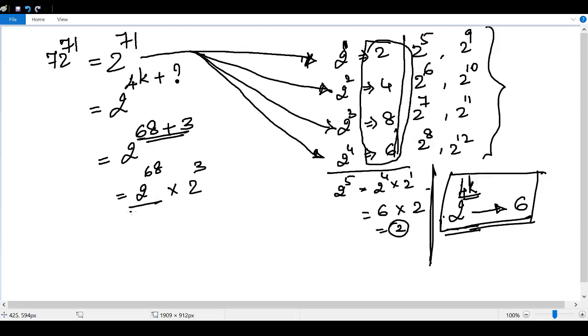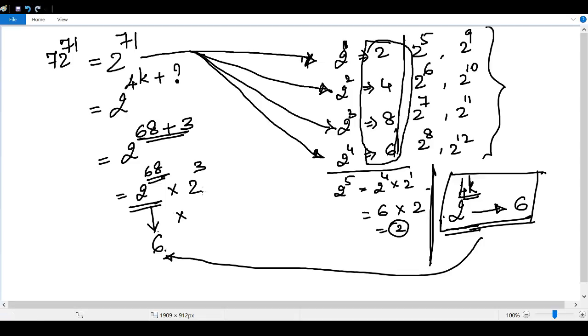Now 2 power 68, because this is a multiple of 4, will always end in 6 because of this concept. Now what is left over? I am left with 2 cubed, which is 8, and 6 into 8 is 48, so I am left with 8. I hope we are clear.